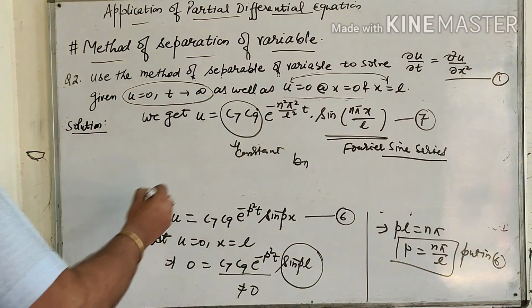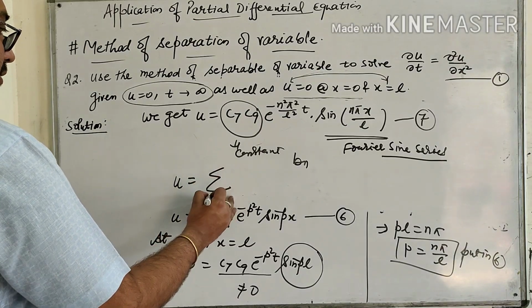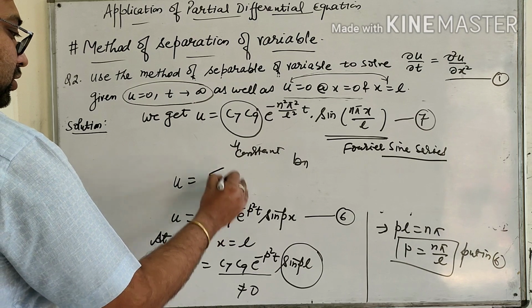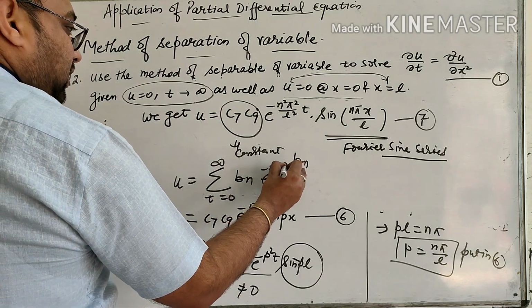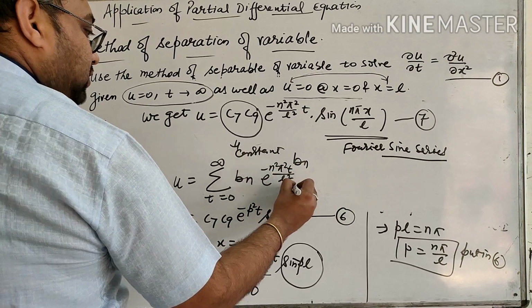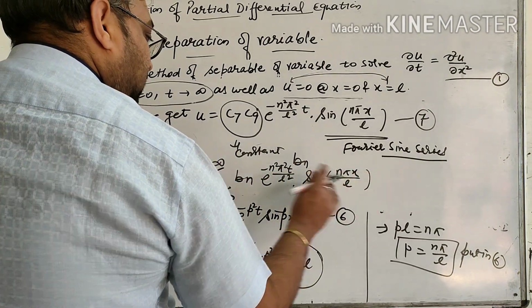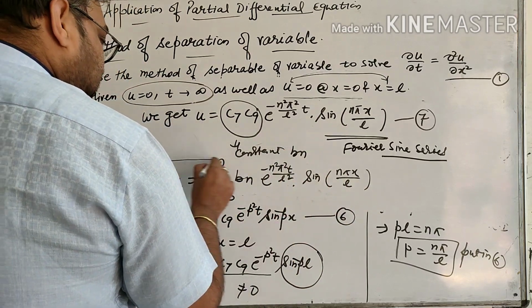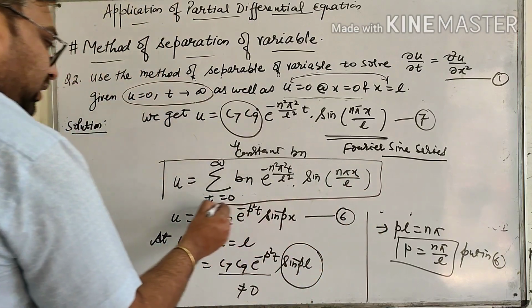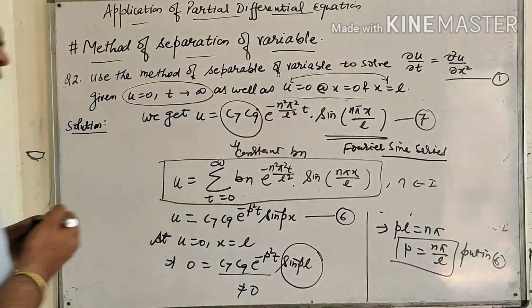So we shall rewrite this equation in the form u equals sigma n equals 1 to infinity Bn e raised to power minus n squared pi squared t upon L squared sin n pi x upon L. So this is the general solution of this kind of problem, which satisfies n belonging to integers.